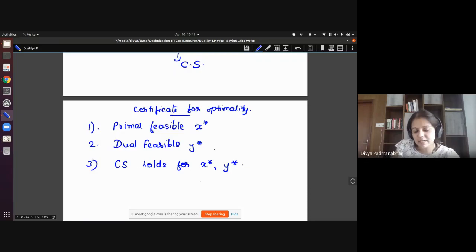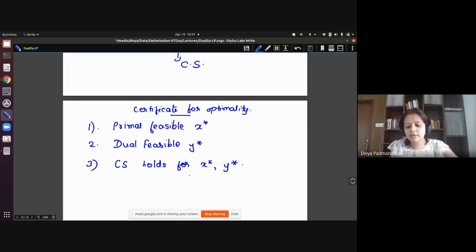It turns out that this ensures that the dual is also feasible. We're not going to go into those details of the algorithm for want of time, and I want to do some other portions as well. But the very basic simplex method that we saw was ultimately trying to arrive at these three conditions.